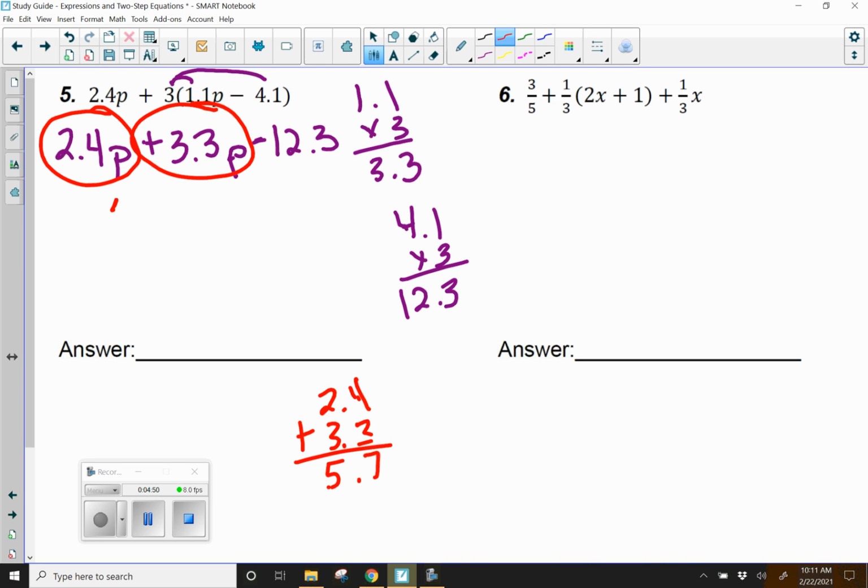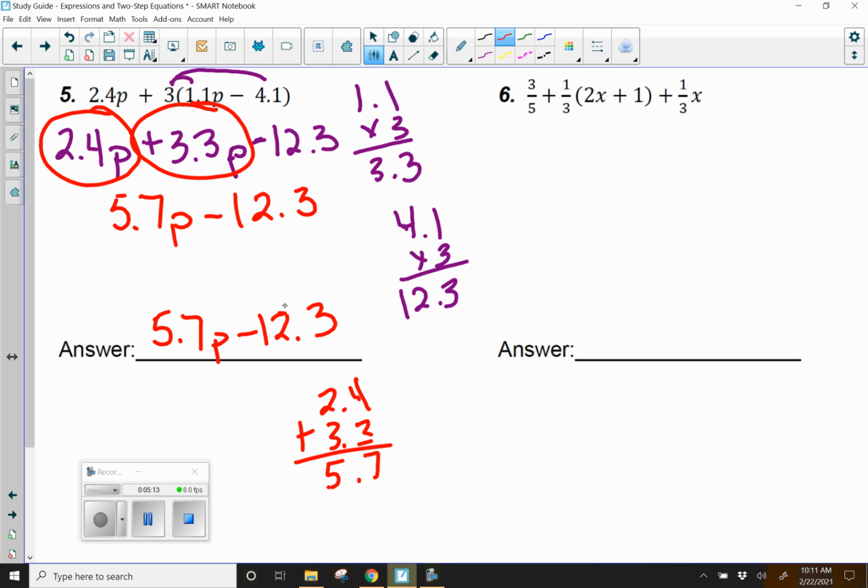So that leaves us with 5.7p. And then our minus 12.3 I can't do anything with, so that stays as is, which makes our answer 5.7p minus 12.3. Now, if you have this written as 5.7p plus negative 12.3, that's also correct.